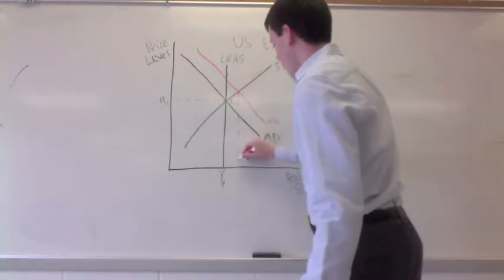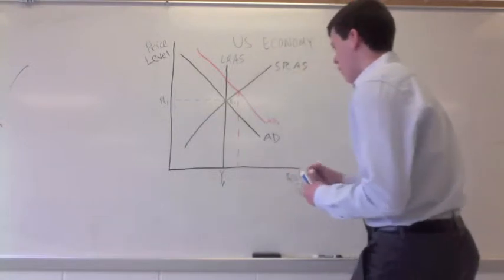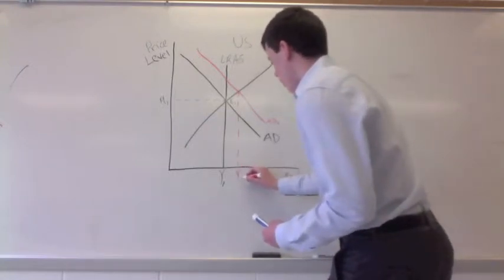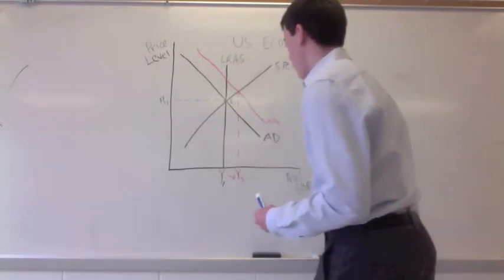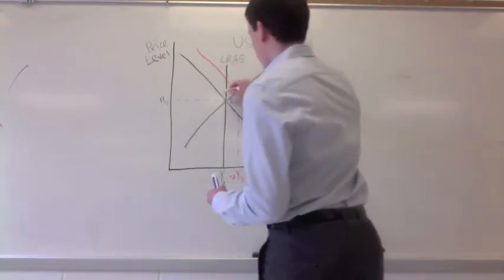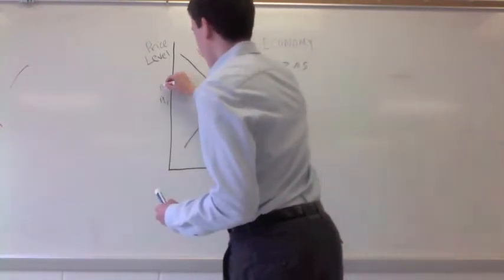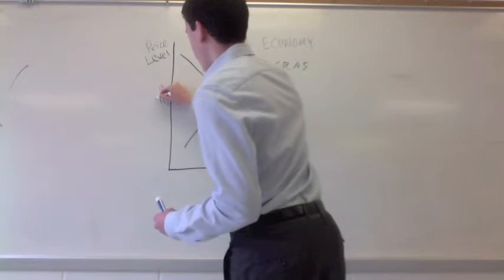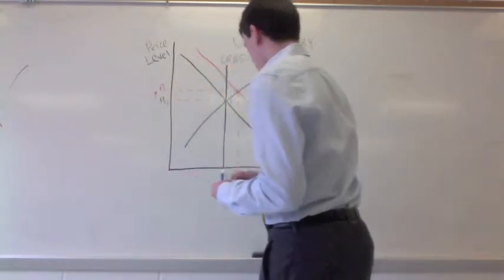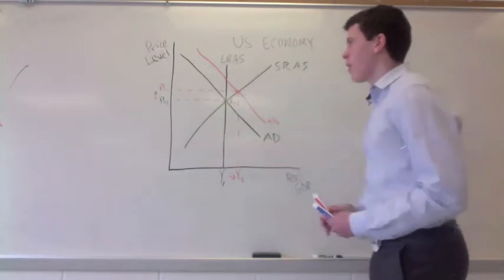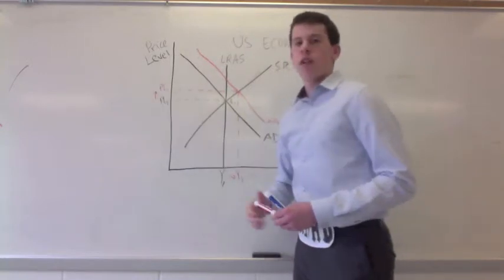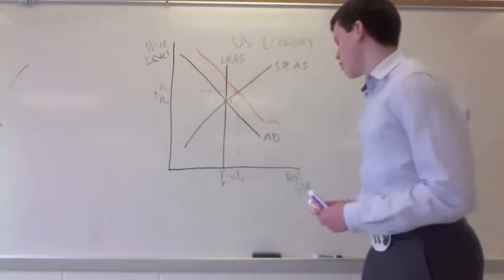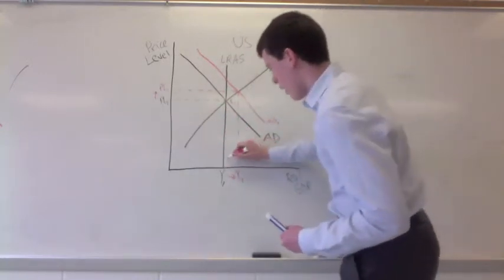Now we can see when it's shifted up, output is higher and price level is higher. This shows an inflationary gap. Price level is higher, so it's an increase in inflation. And that is shown right here.